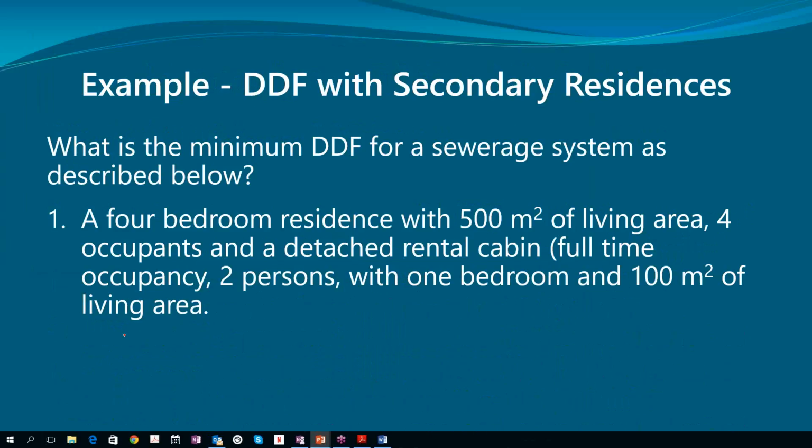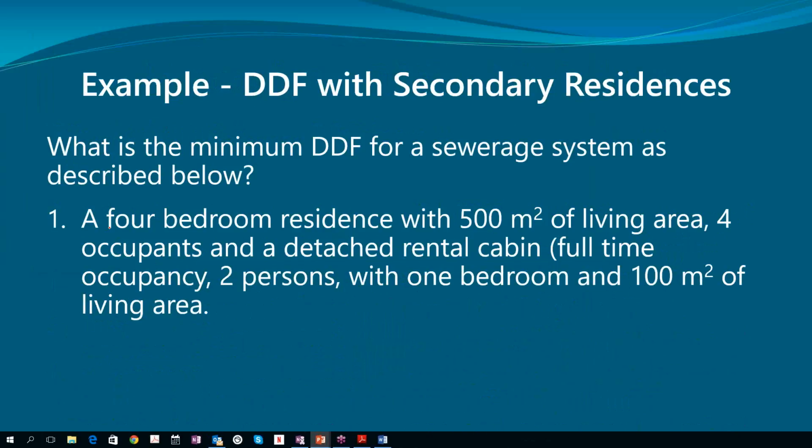Next one. We got 4 bedrooms with 500 meters squared, 4 occupants, and a detached rental cabin with full-time occupancy, 2 persons, and so on. So it is the two added together. It's the DDF for the 4-bedroom residence plus the DDF for the cabin that has 1 bedroom.